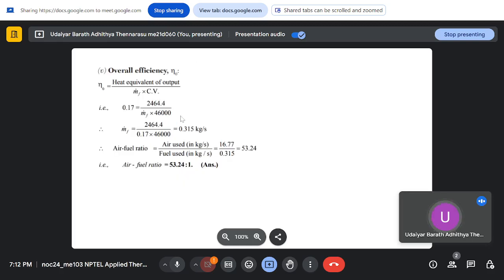Here we need to use the change in kinetic energy divided by mass of fuel into calorific value. With that I can find out the mass of fuel as 0.315 kg per second. The air fuel ratio is air used divided by fuel used, so it will come out to be 53.24.